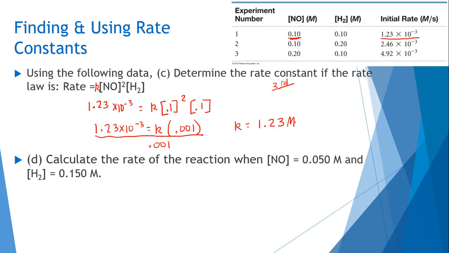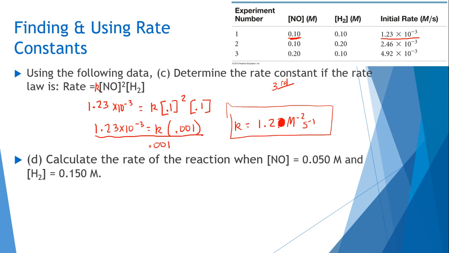Let's plug that in. When I'm rounding to the correct number of sig figs, I have 0.1 here, and here I have 3, so I'm going to make sure I only have 2 sig figs. So 1.2 would be my k.